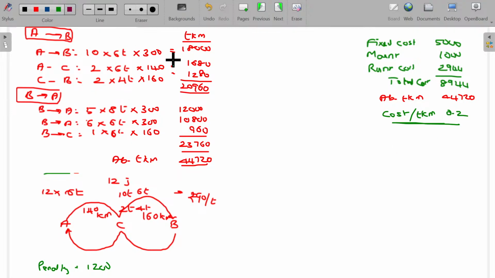Now you have to find out what is the revenue. So from A to B, 12 trips carrying 6 tons, for every ton 90 rupees is the value.